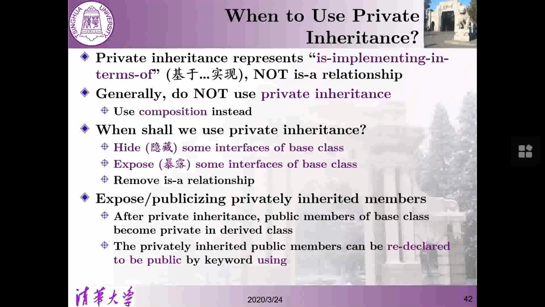So private inheritance actually represents implementing in terms of, because we can inherit something into the derived object, so we can access it when we define the member functions of the derived class. So we can still implement some functionality based on the base class functions, or base class interfaces.